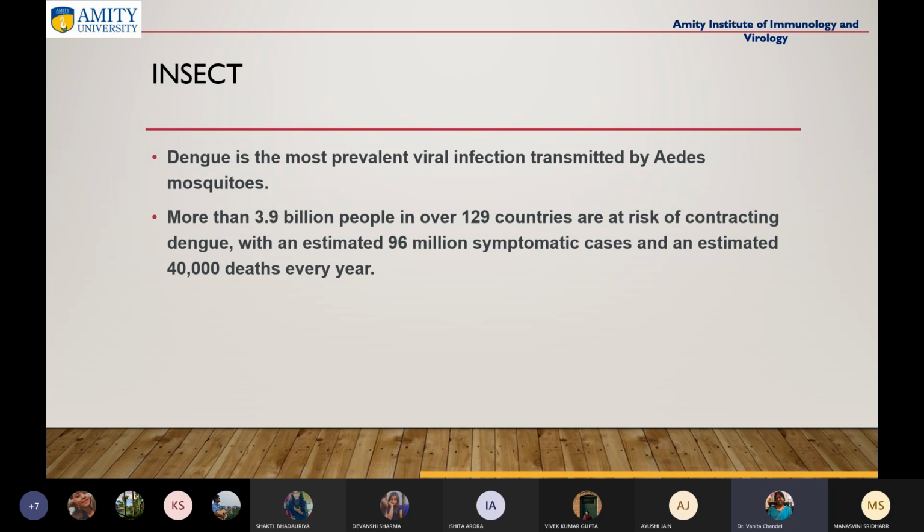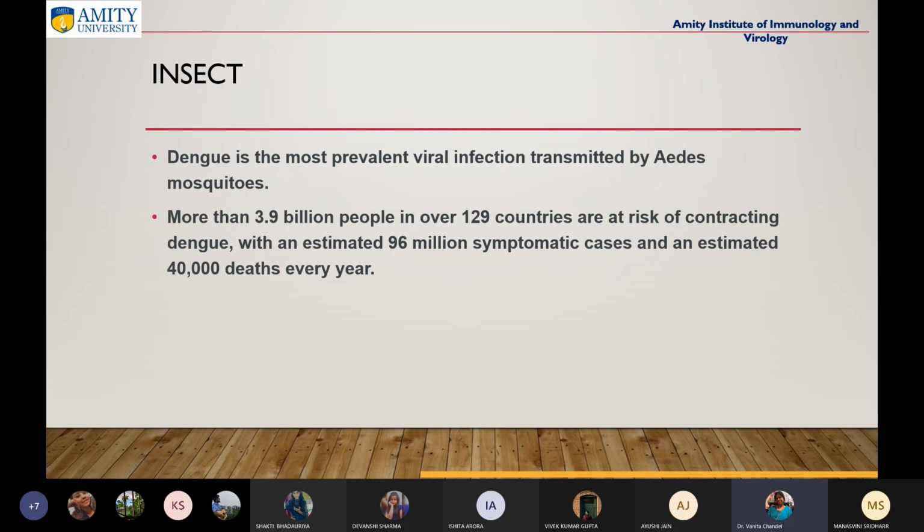Then, through insects. Dengue is the most prevalent viral infection transmitted by the Aedes mosquito. More than 3.9 billion people in 129 countries are at risk of having dengue. We all know that every year in India it's a seasonal disease.